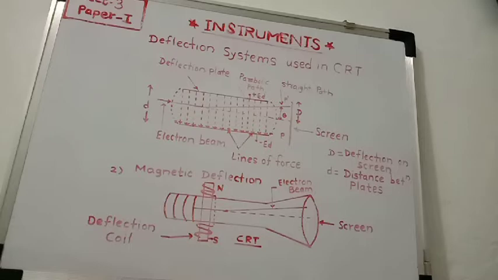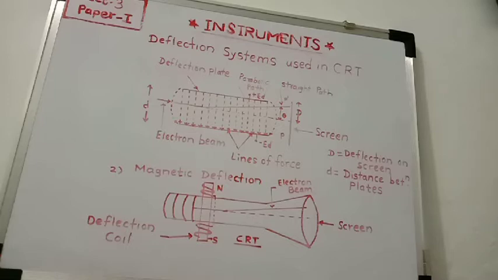So in a cathode ray oscilloscope, deflection plates are used. Therefore, the electrostatic deflection type CRT is used. In a cathode ray oscilloscope, a CRT is used, and in this CRT, two pairs of deflection plates are used: vertical deflection plates and horizontal deflection plates.